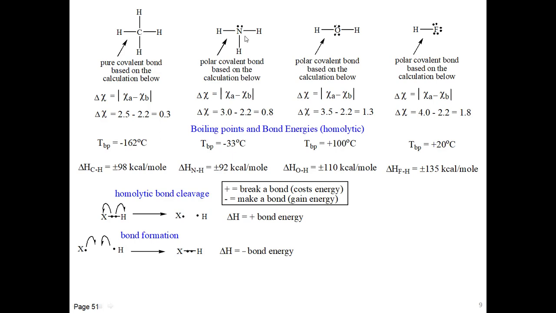If we go to nitrogen, nitrogen's a little more electronegative. So now when we take the difference, 3.0 minus 2.2, we get 0.8, and that was in the range that was covalent but polar. So they're not shared evenly. In fact, the nitrogen gets more of the electron density. It has a little partial negative because of its greater attraction for the electrons in the bond. And that means the hydrogens are a little partial positive.